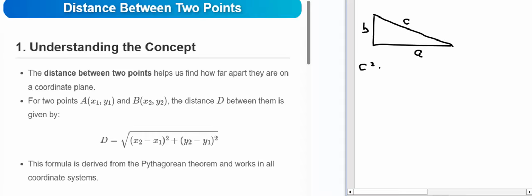Line C squared is the same as line A squared plus line B squared. But if I want to get C, I can take the square root on both sides.